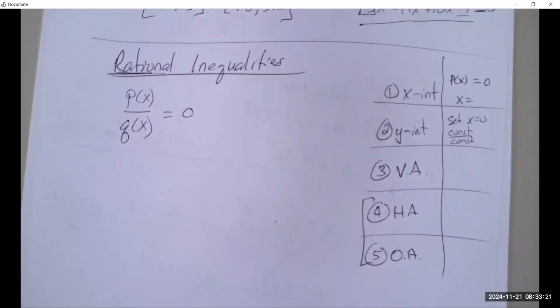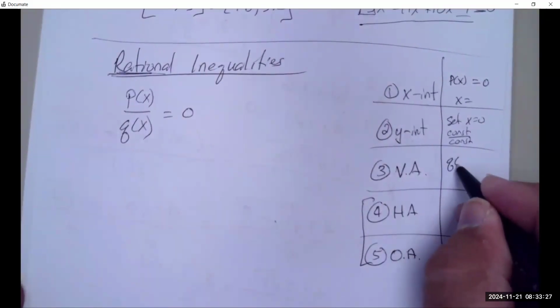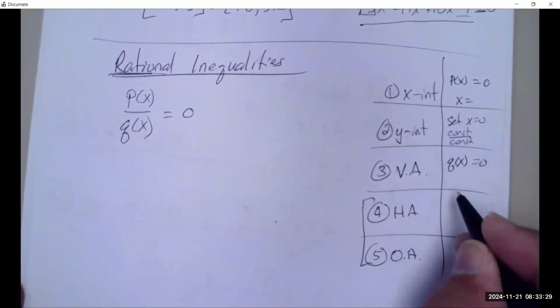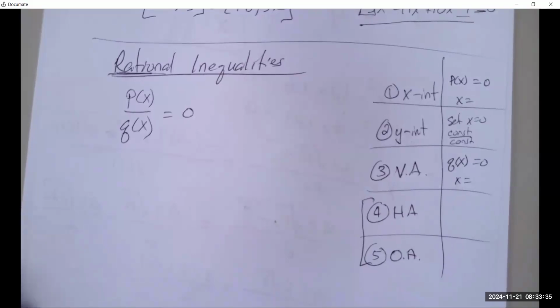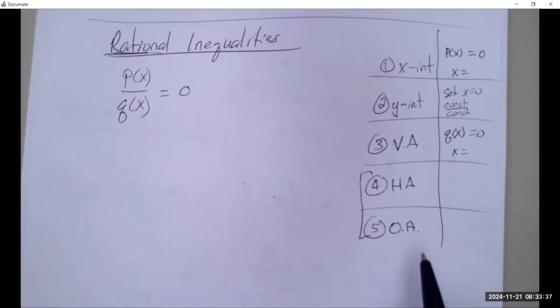How do you find the vertical asymptote? Set the bottom equal to 0 and solve for x. How do you find the horizontal asymptote?